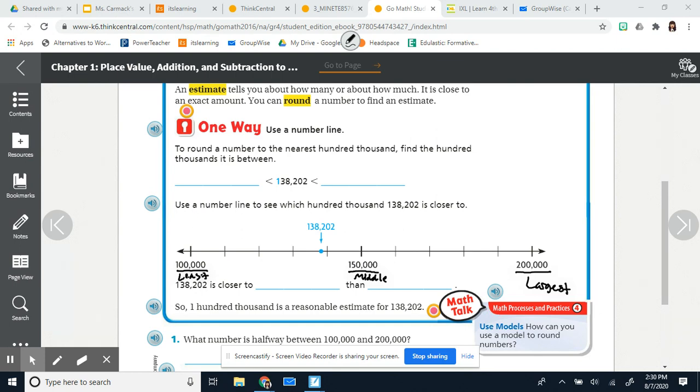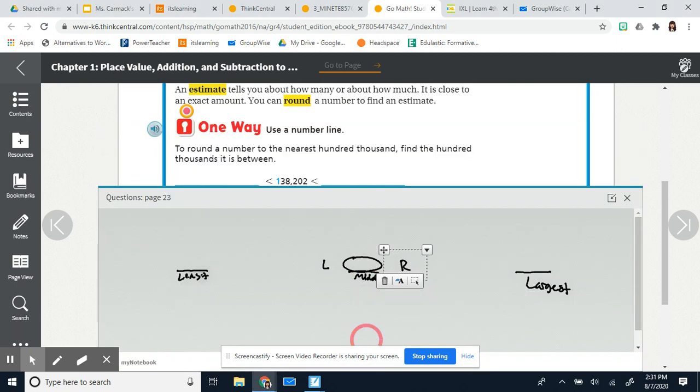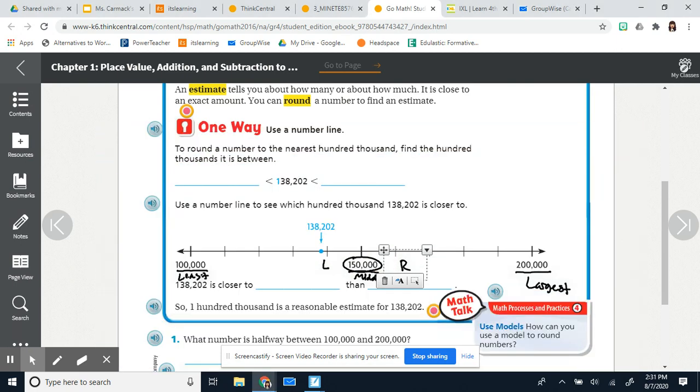Well, one way I like to tell, I like to use my magic number 5. Okay, so right here in the middle, 150,000. I like to see, is the number on the left of that? This is left, this is right. So if it's to the right of that, then it's closer to the largest value, 200,000, but it's not. It's on the left, right?